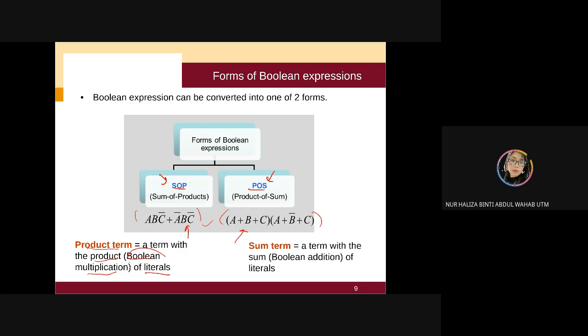So you have the Boolean multiplication. Product is a multiplication, Boolean multiplication. That's why Boolean product is a multiplication and then you sum. While a sum is a term for Boolean addition. So you can see this is your sum. You're going to add.